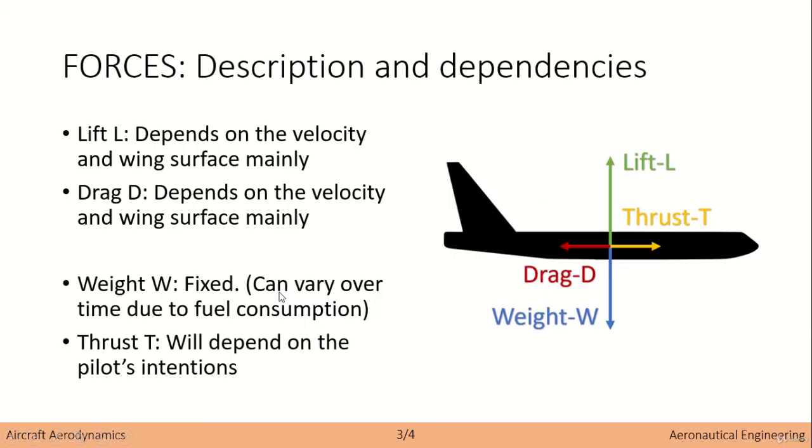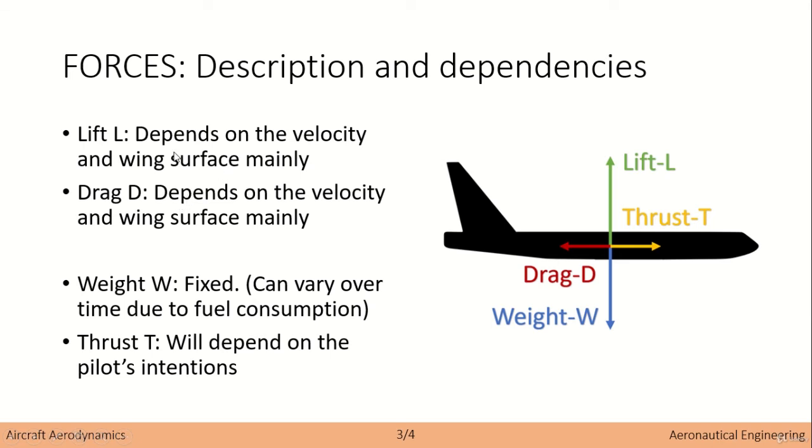So let's see a bit of a description of these forces and how they relate to the conditions of flight of the aircraft. The lift depends mainly on the velocity of the aircraft and also the wing surface. For those of you who know a bit more on this, you will know that it also depends on some other factors, but I just want to point out the elements that are key to understanding each one of the forces.